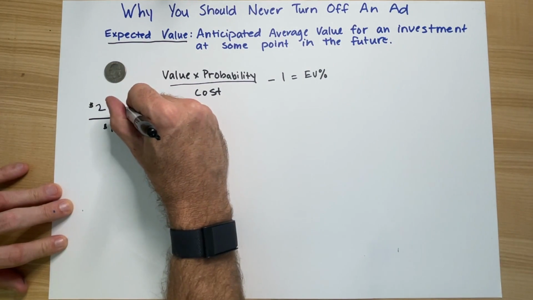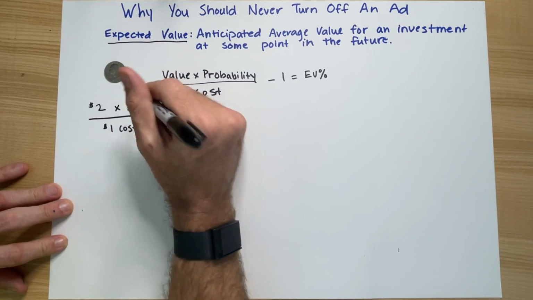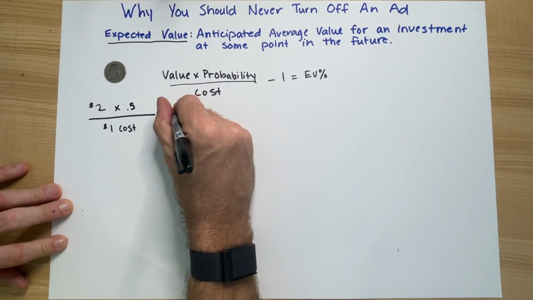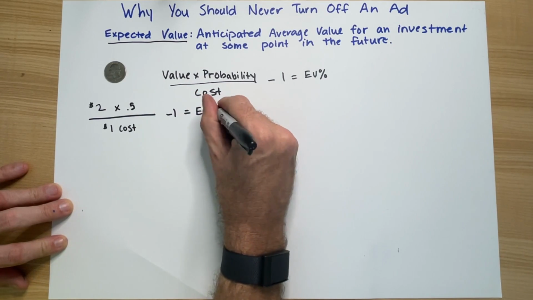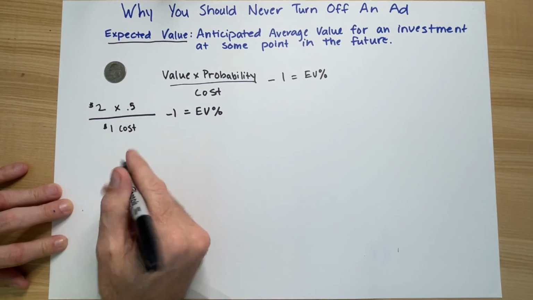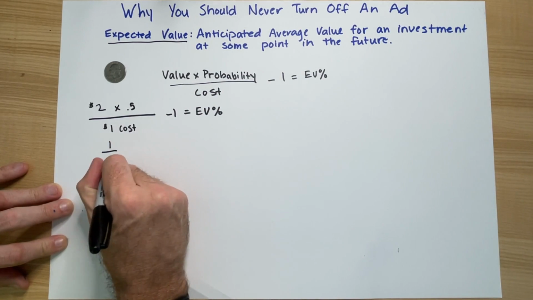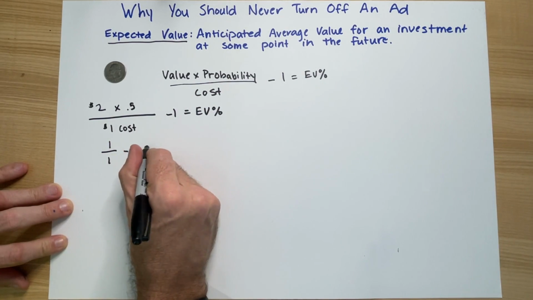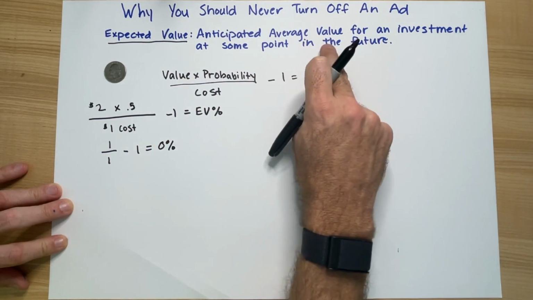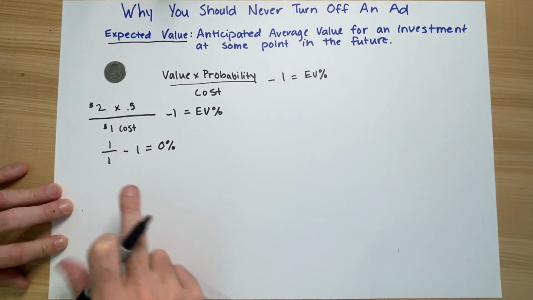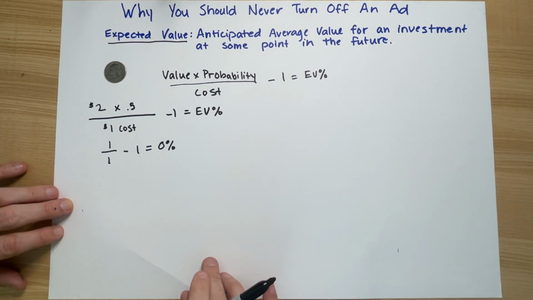Well, pretty easy, right? 50%, or 0.5. So 2 times 0.5 is 1, over 1, minus 1 equals 0, right? Your anticipated average value for an investment in this bet construct at some point in the future is $0.